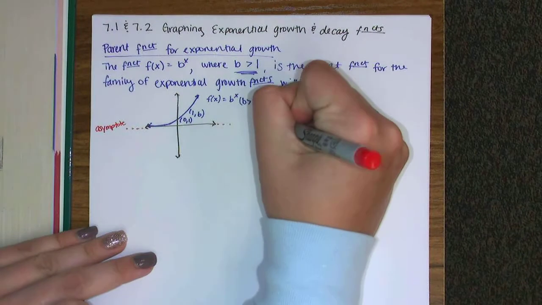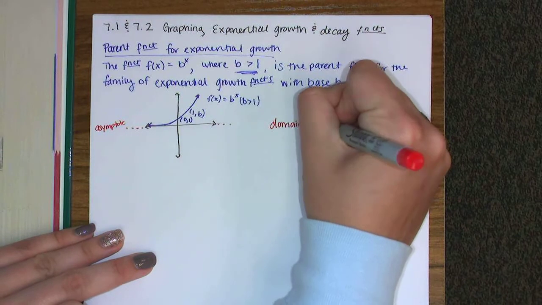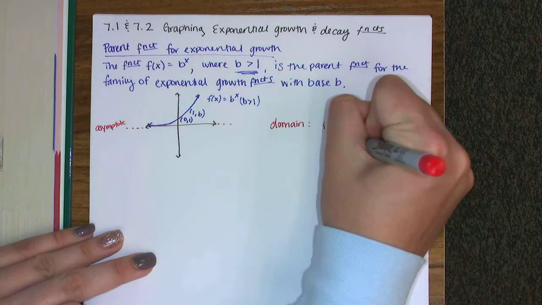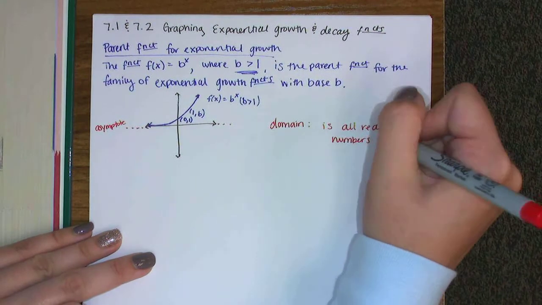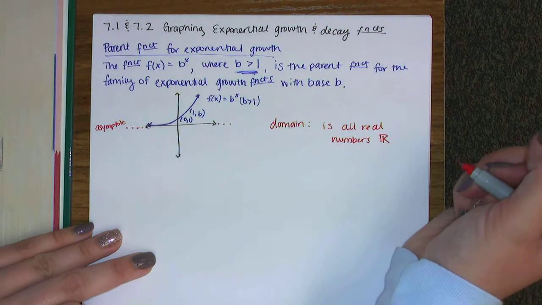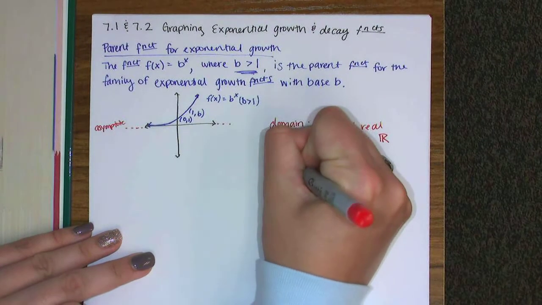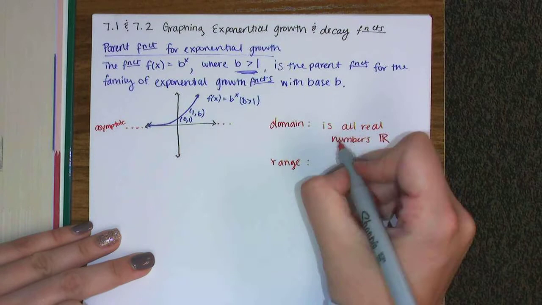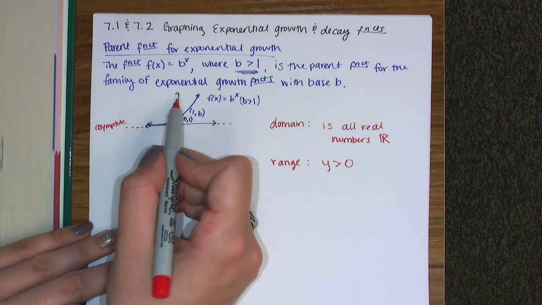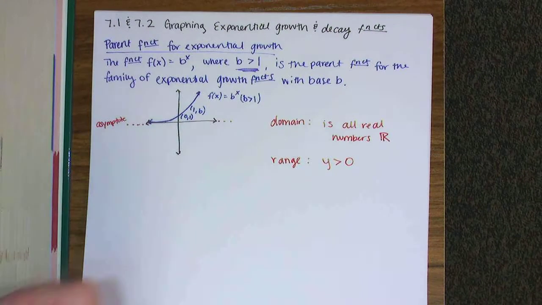And obviously we don't spend a ton of time with domain and range in here, but the domain of this is all real numbers, and remember we label that as an R like that. It's kind of a two-pieced R there, and then the range is y greater than 0. So that means that anything up here above 0, but it never goes below because it can't cross this asymptote there. So just keep that in mind.